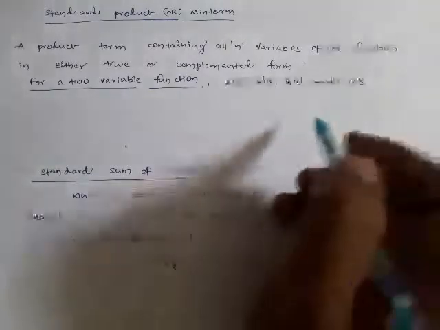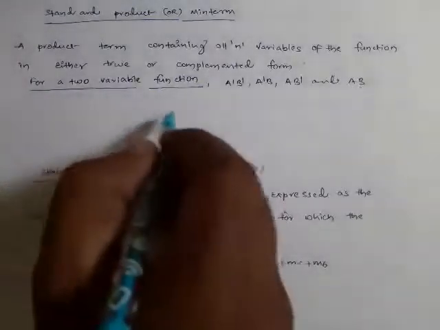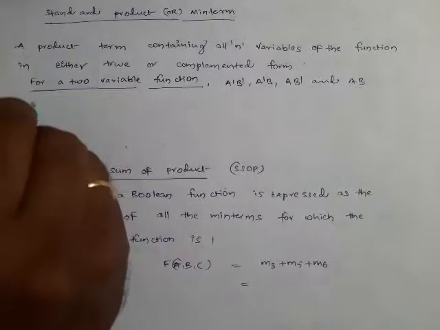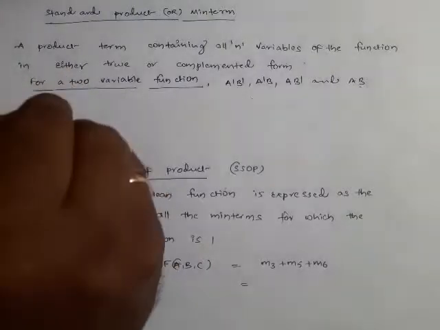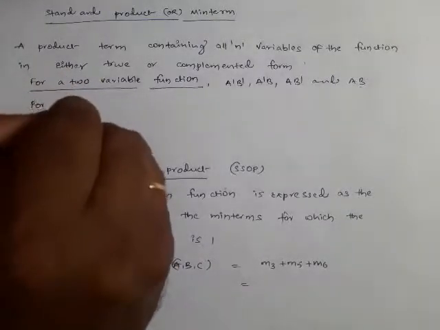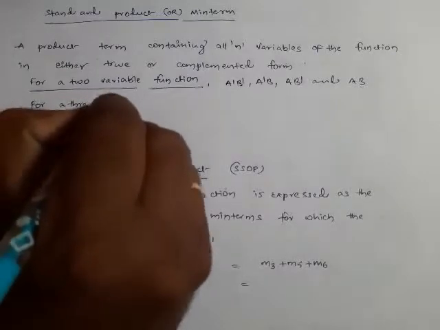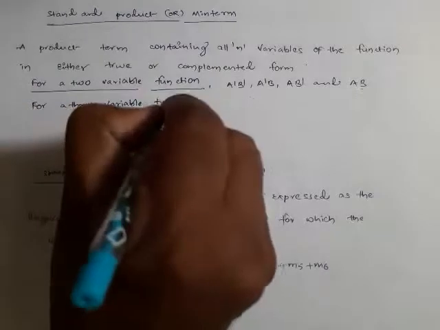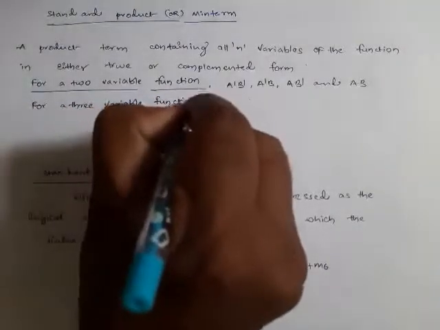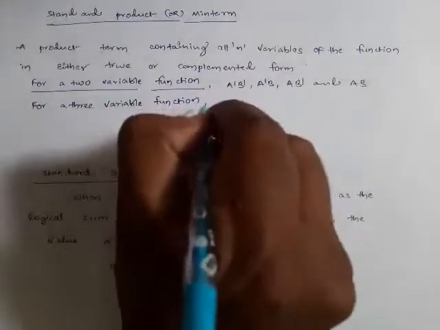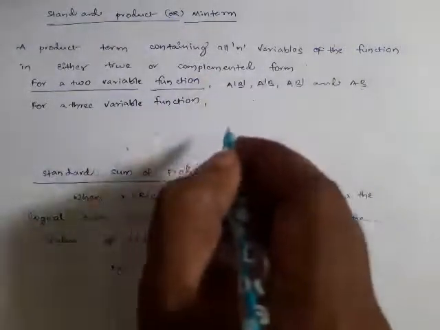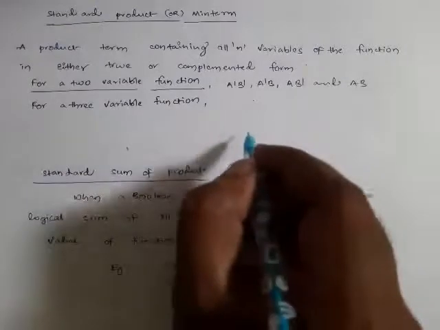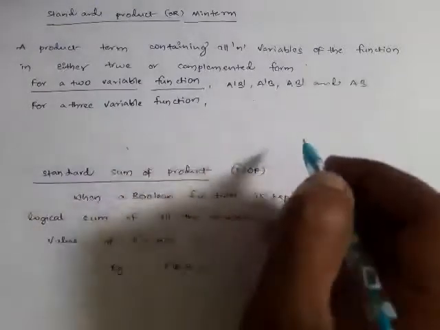So for a two variable function we have four minterms, and if you take a three variable function, then you will have 8 minterms. And how do we obtain those minterms?